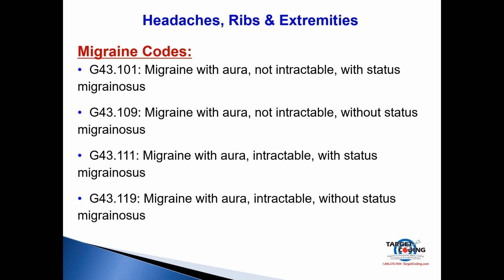Next, we have G43.101, migraine with aura, not intractable with status migrainosus. G43.109, with aura, not intractable without. G43.111, migraine with aura, intractable with. G43.119, migraine with aura, intractable without status migrainosus.